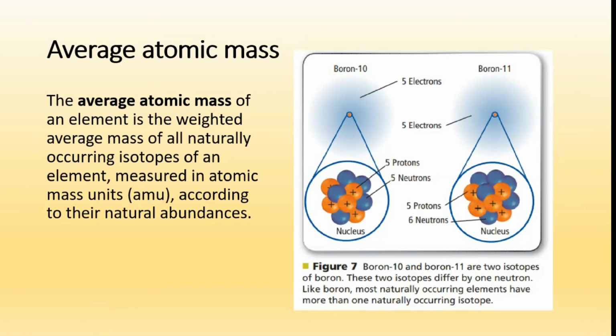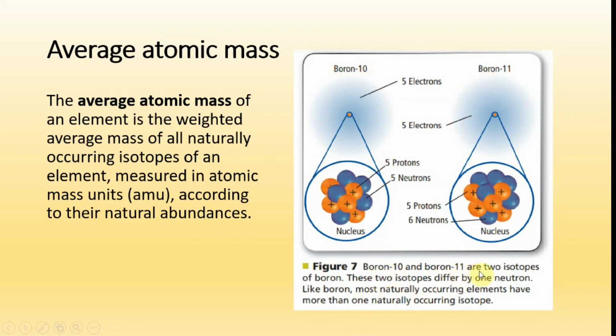Average atomic mass. The average atomic mass of an element is the weighted average mass of all naturally occurring isotopes of an element, measured in atomic mass units according to their natural abundances. So as you can see in figure 7, we have boron, but we have two different types of isotopes, boron 10 and boron 11.